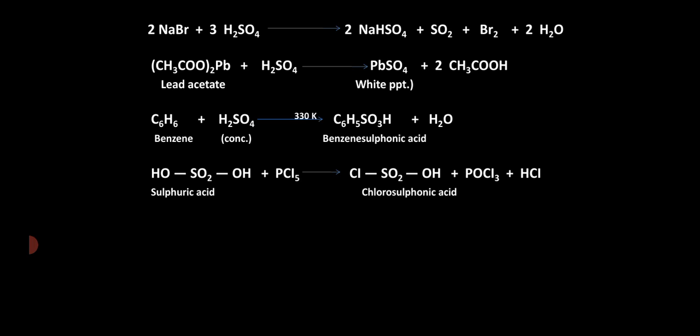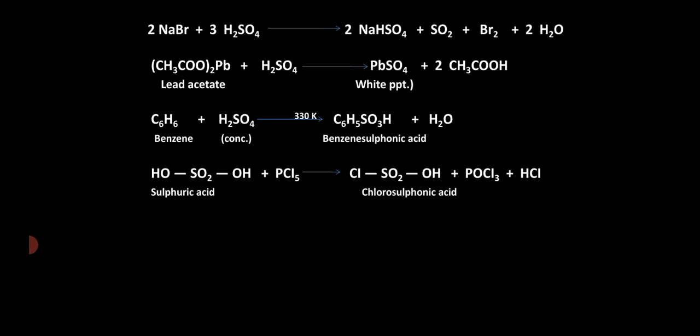Zinc, iron, tin, manganese, etc. get oxidized even with dilute sulfuric acid, because they are placed above hydrogen in the metal activity series. But copper, lead, mercury are oxidized only by concentrated sulfuric acid. Clear?